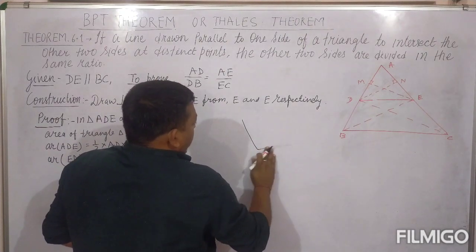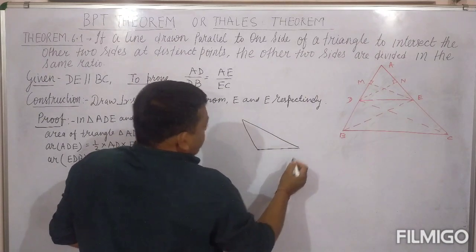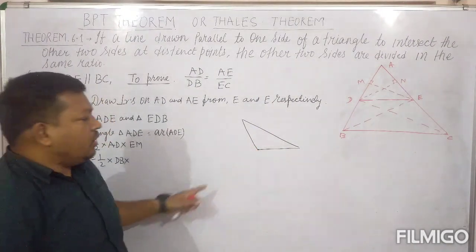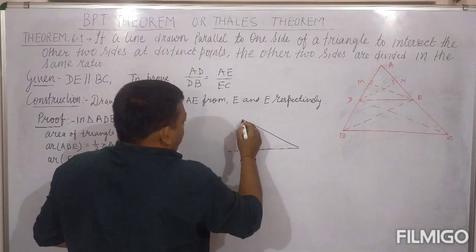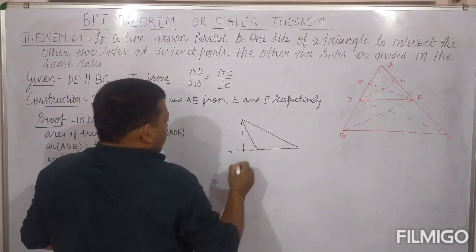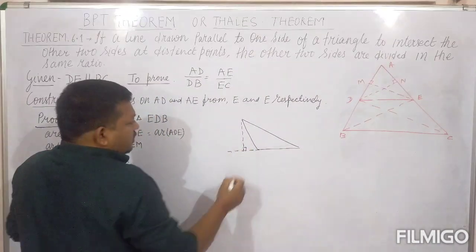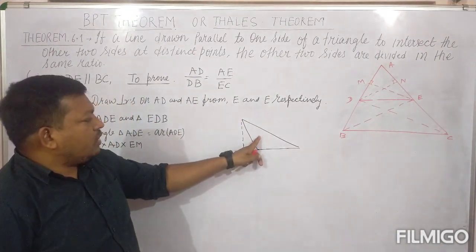And what is the height of an obtuse angle triangle? Whenever we consider the height of an obtuse angle triangle, we produce the base and draw a perpendicular from the opposite vertex. So this is the height, and this is how we calculate the height of an obtuse angle triangle.